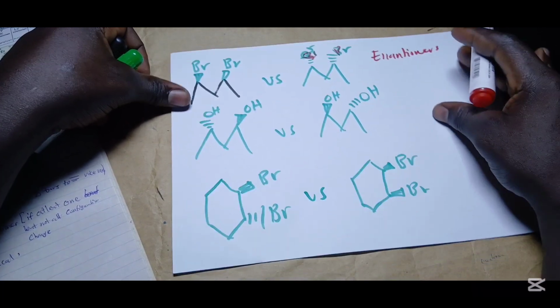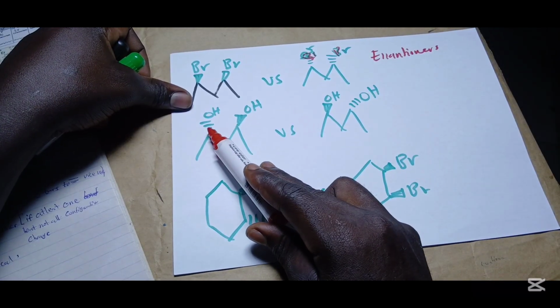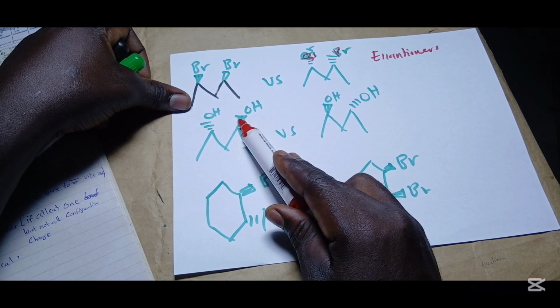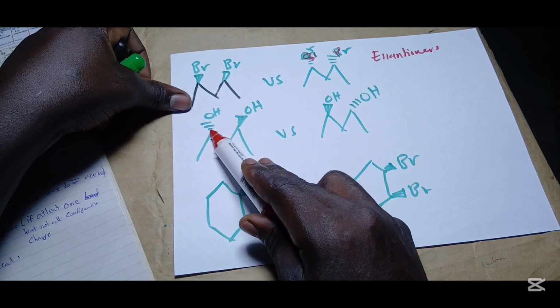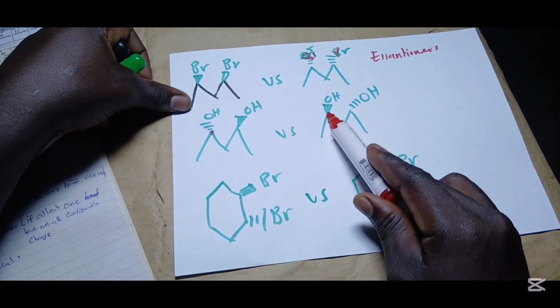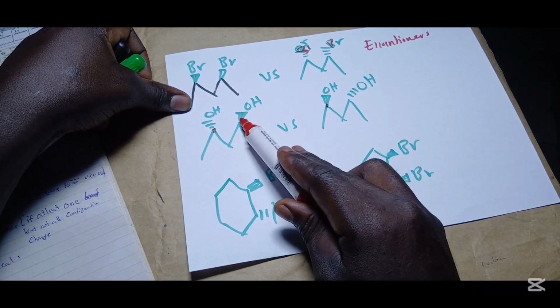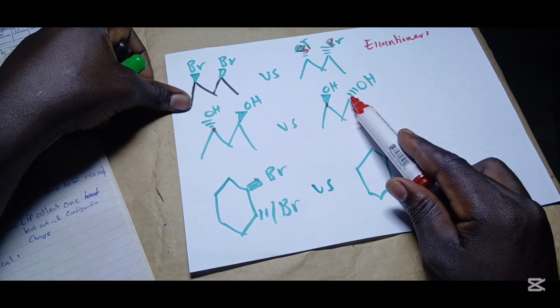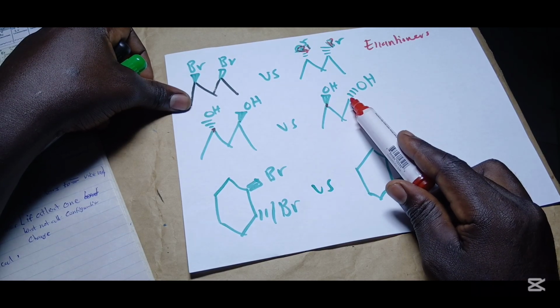And here, one of the OH groups is on the dash wedge, and the one here is on the solid wedge. If you compare it to this side, the OH group here, which is on the dash wedge, is now on the solid wedge here. And this one, which is on the solid wedge, is now on the dash wedge here.